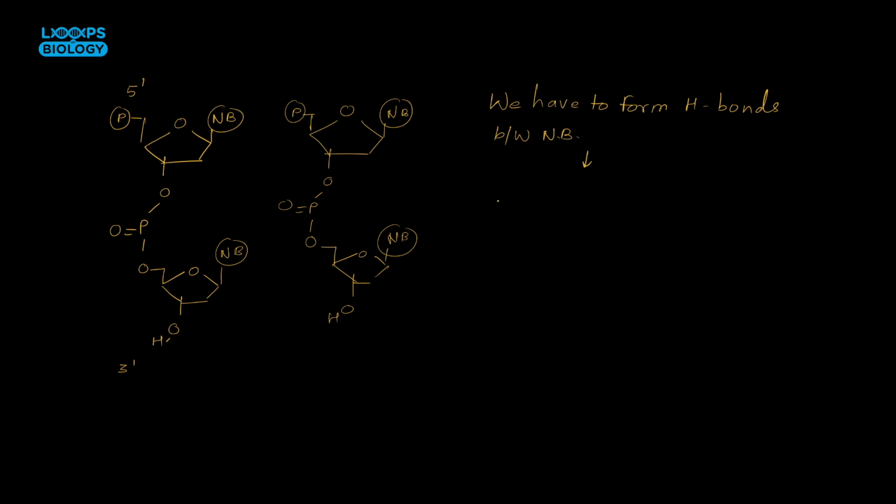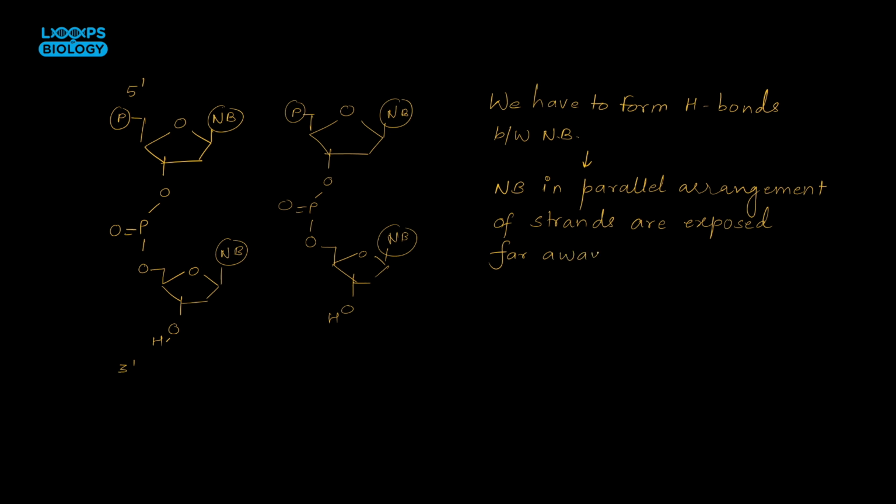In a parallel arrangement of strands, the nitrogenous bases are exposed far away from each other. So they are unable to form hydrogen bonds. And if the hydrogen bonds are not present inside a structure, then both strands cannot stay together. They cannot stick together.